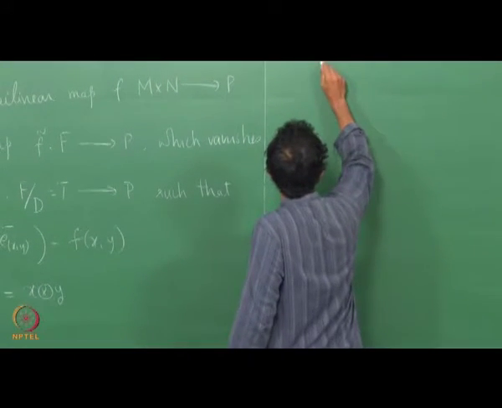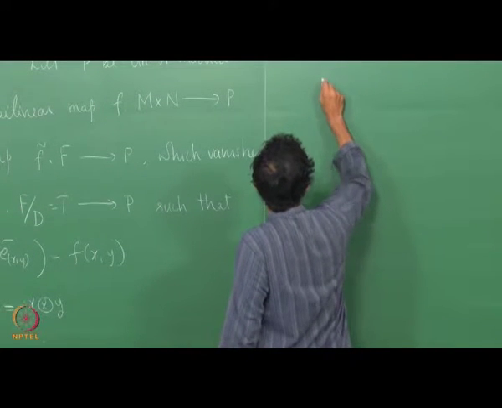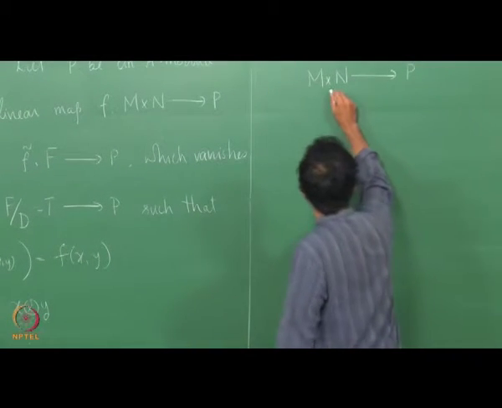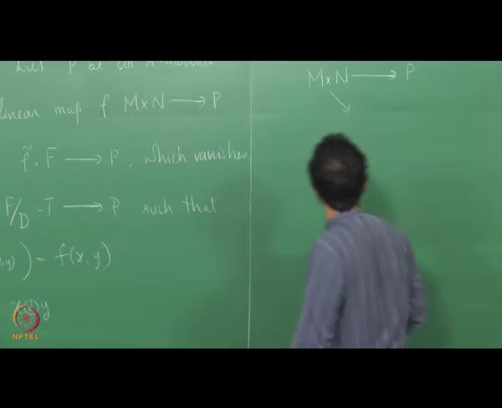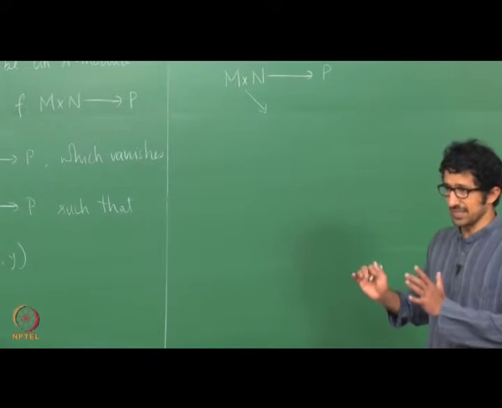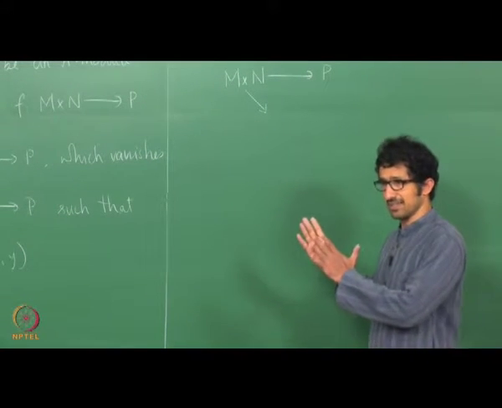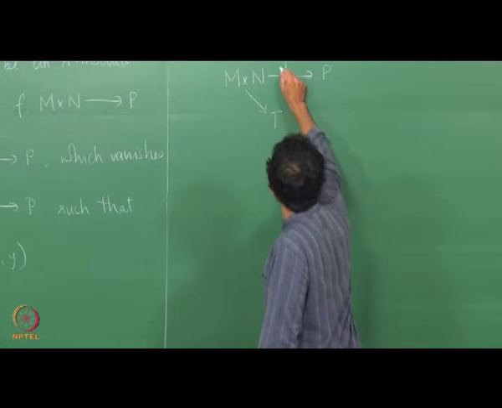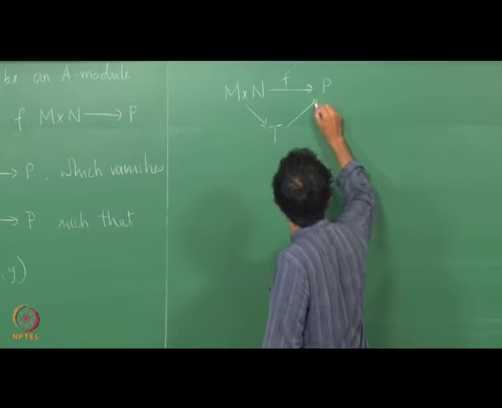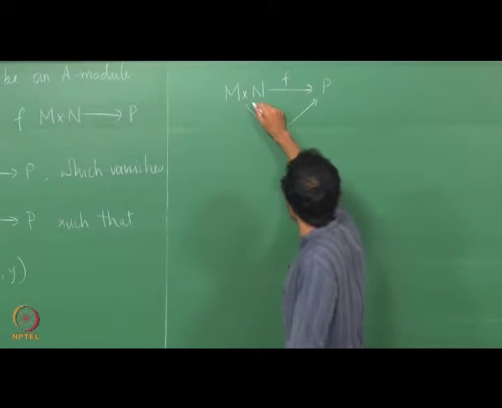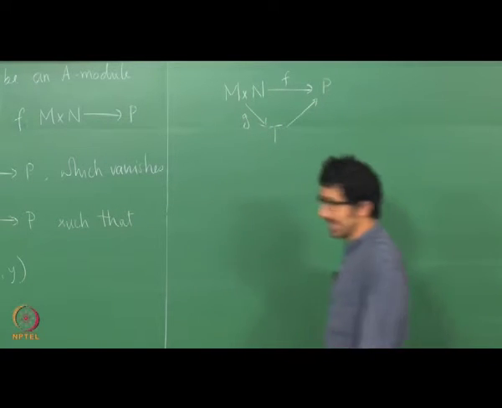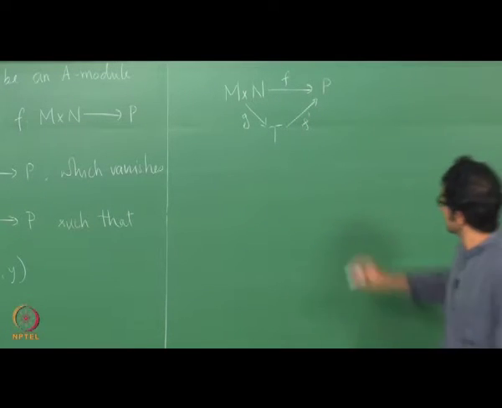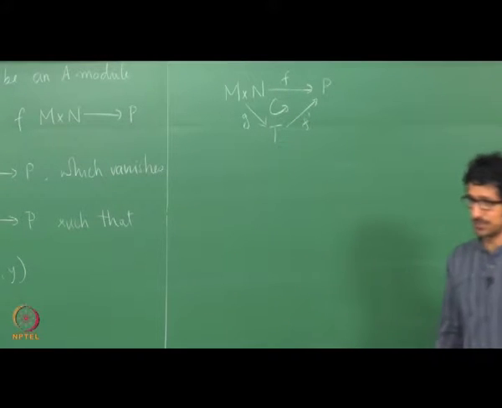If I have a map from M cross N to P, we are looking for, in some sense, a universal module which depends on M and N, such that given this bilinear map, there is a natural map, and a map induced by f, such that this diagram is commutative.